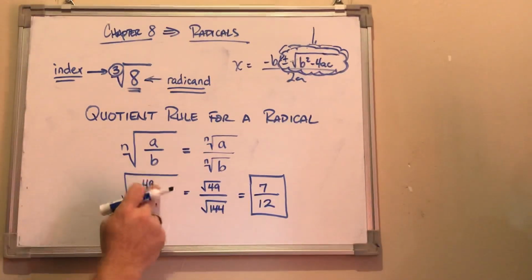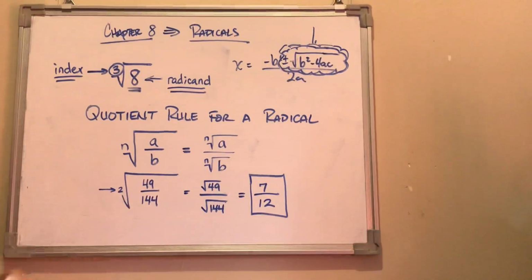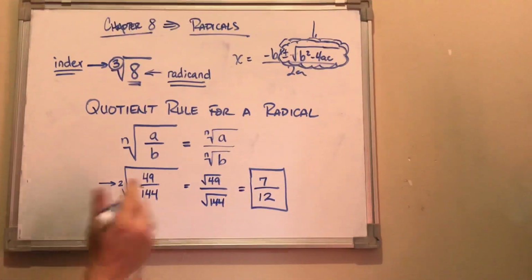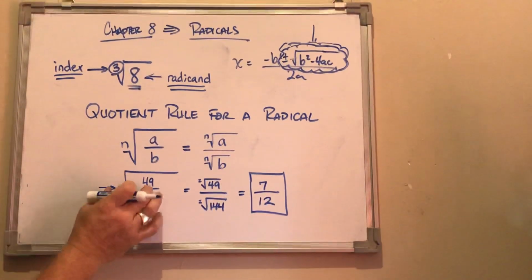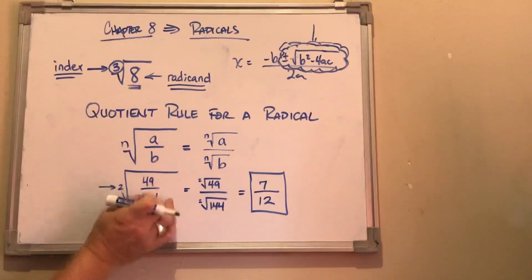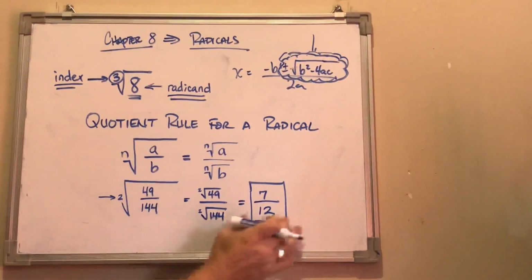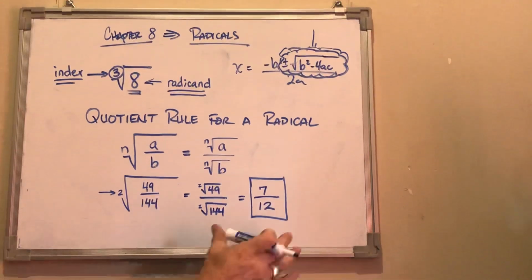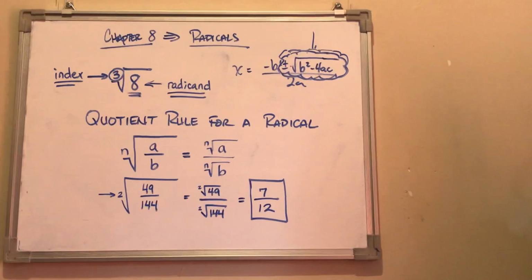Our index was 2, because this is a square root. I could split the numerator and the denominator up into their own radicals and then solve those to come up with our fraction. Okay? That's a way to use the quotient rule.